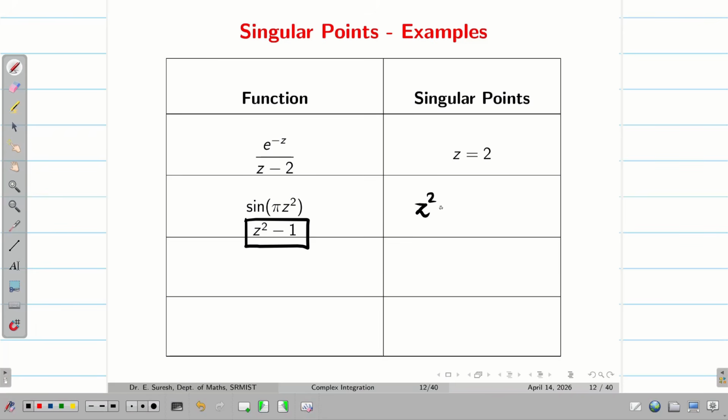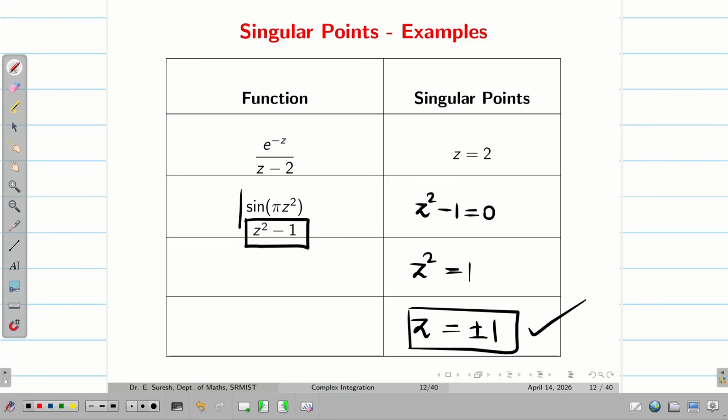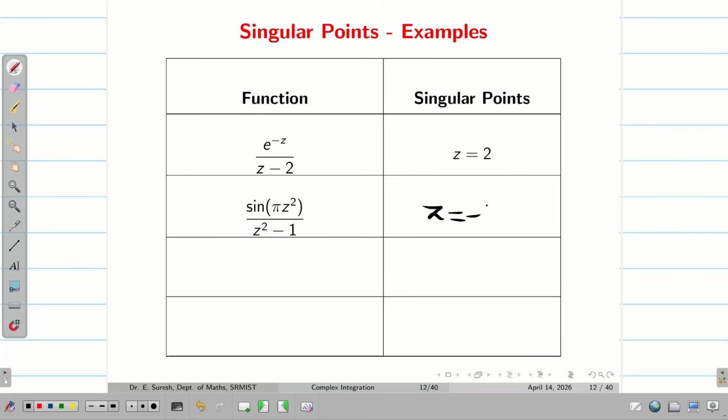When we equate the denominator z square minus 1 equal to 0, we get z square equal to 1, z equal to plus or minus 1. So at 1 and minus 1 the function is not analytic, and it is analytic at every other point. So z equal to minus 1 and 1 are the singular points for this function.